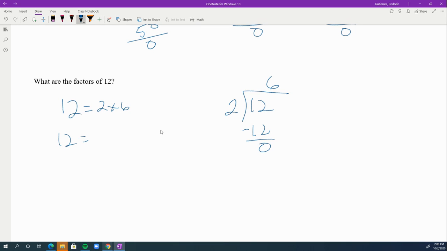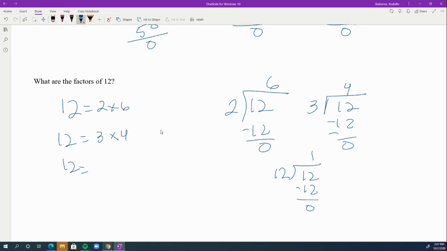Another way, if we use division again, 3. 12 divided by 3 is 4, so 3 times 4. And then lastly, 12 divided by 12 will give us 1. So the factors of 12 also include 1 times 12.